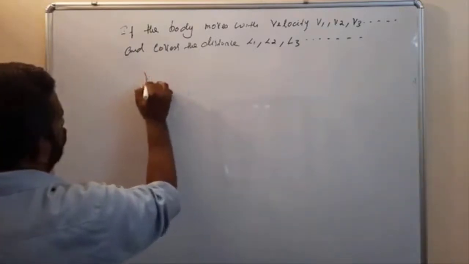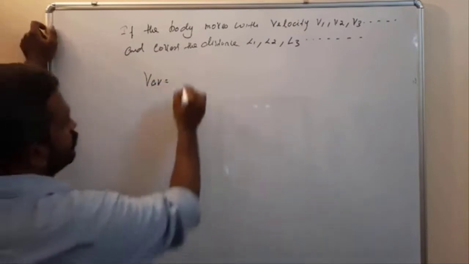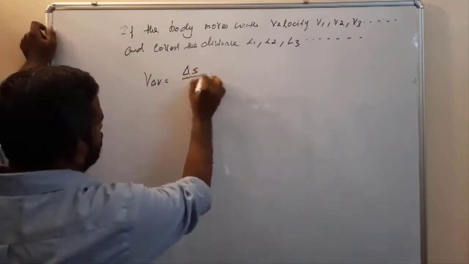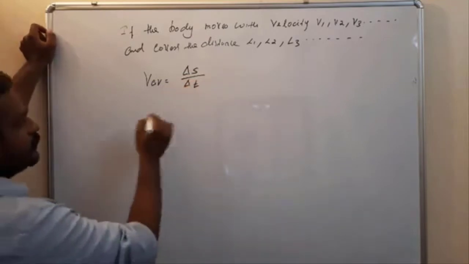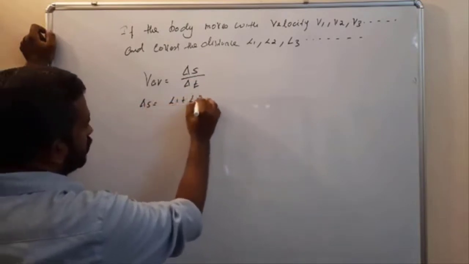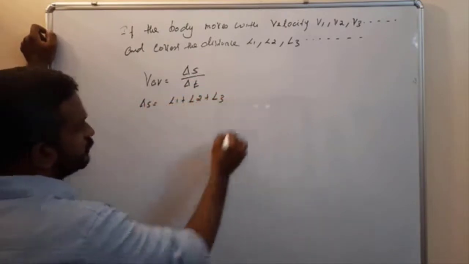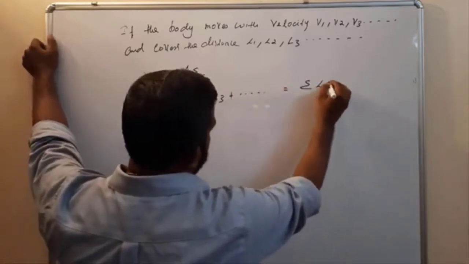VAV is equal to, what is the formula? That is delta S by delta T. Delta S is equal to L1 plus L2 plus L3 plus etc., so that is equal to the summation of Li.